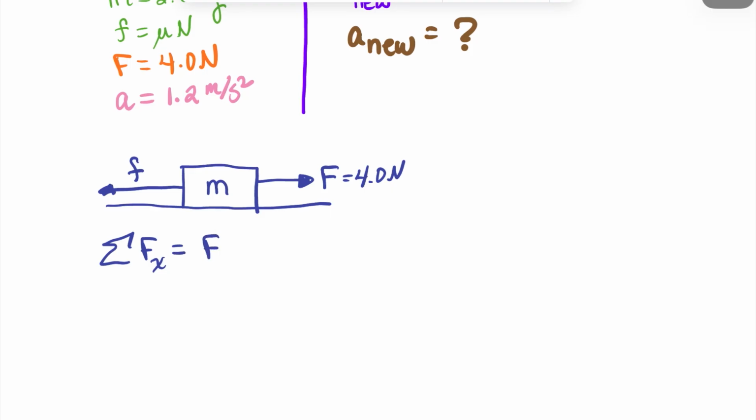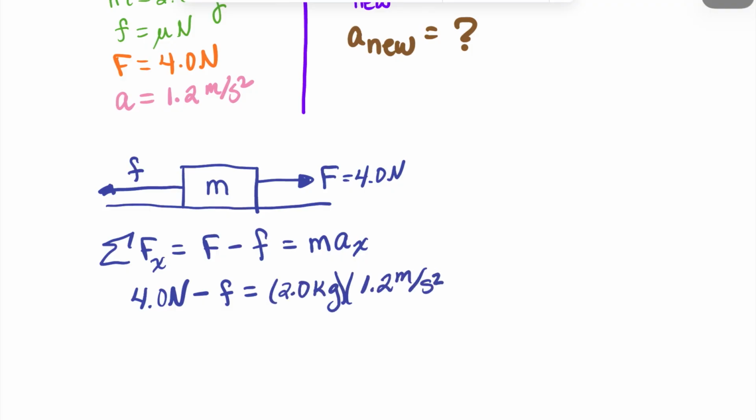That will be my force of 4 newtons to the right, so positive, minus my force of friction, which goes to the left because friction always opposes motion, and that equals mass times acceleration in the x direction. Hey, we have everything in that equation except for friction. So let's sub in and solve for friction.